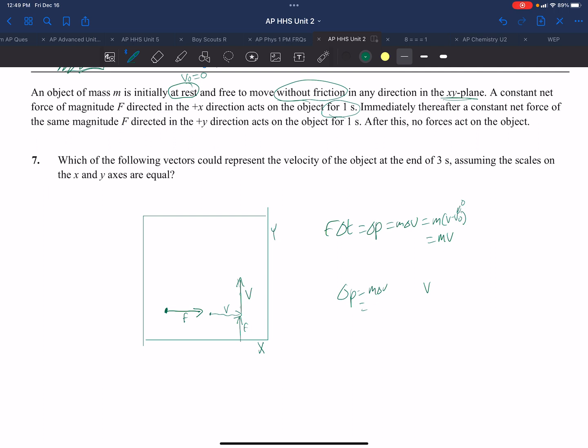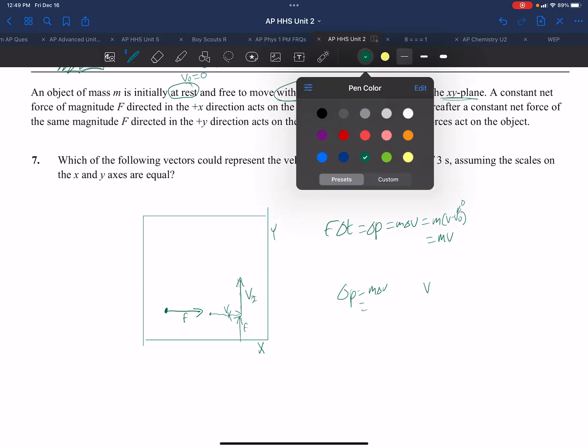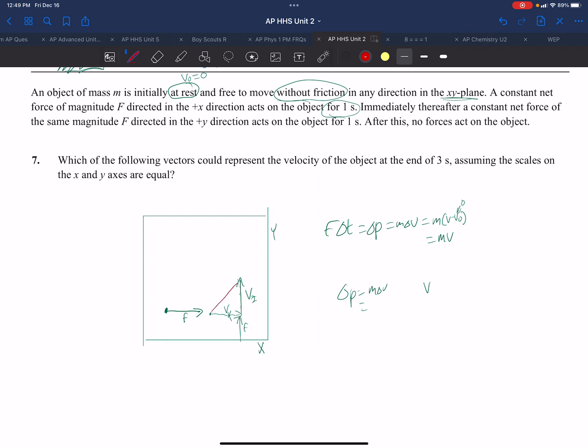So after that force has been applied, Vx and Vy will have the same magnitude, giving us a resulting velocity of this. And since Vx and Vy are the same, this is a 45-degree angle.